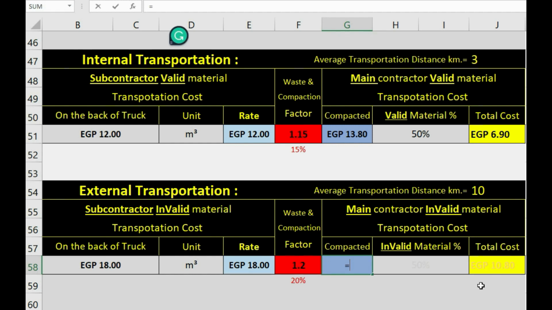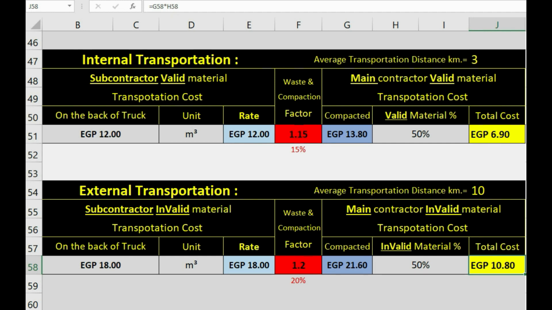Let's check. 18 Egyptian pound for each 1 cubic meter transport multiply the compaction and waste factor will give 21.6. Again, the 50%, it means that 21.6 multiply 50% will equal 10.8.